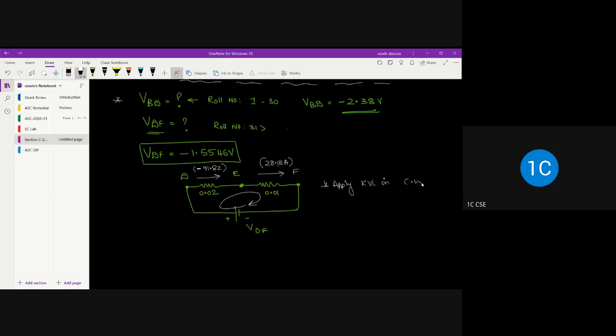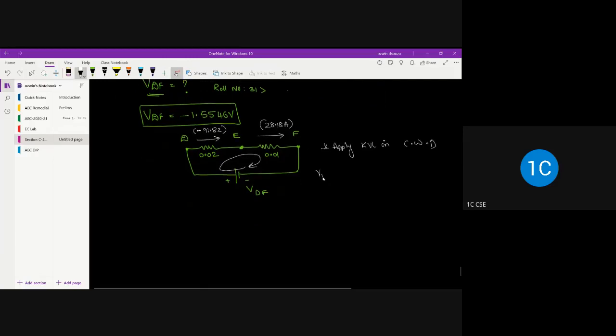KVL in clockwise direction. So what do I have? VDF, then minus 0.02 into the current, which is minus 91.82, then minus 0.01 into the current, which is positive, hence 28.18, is equal to 0.